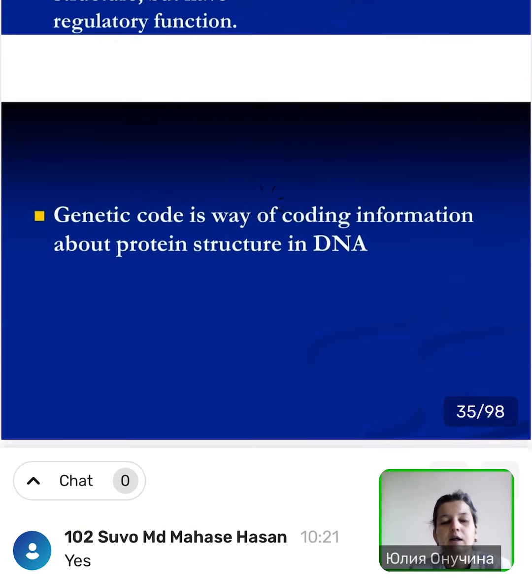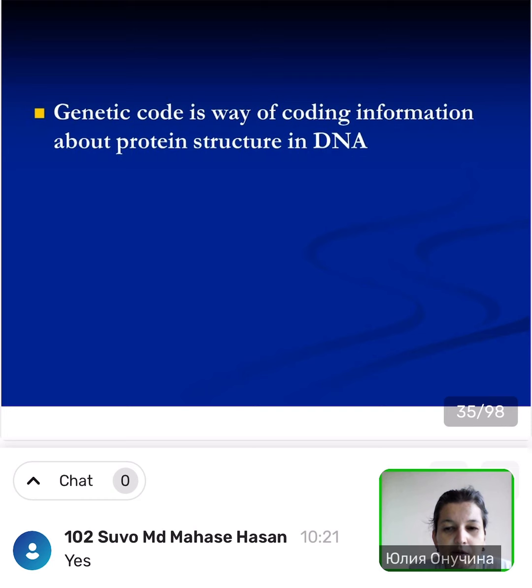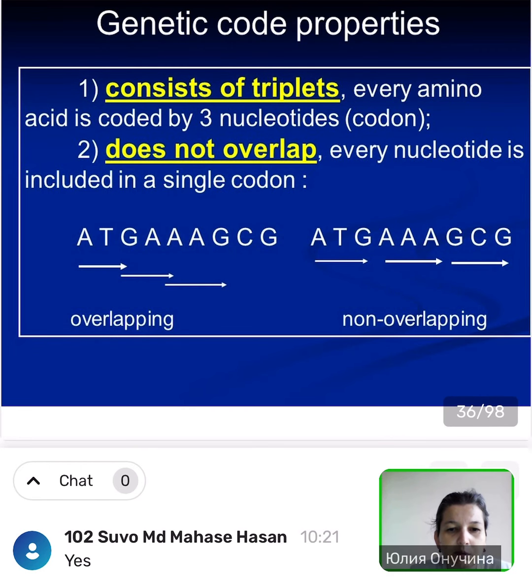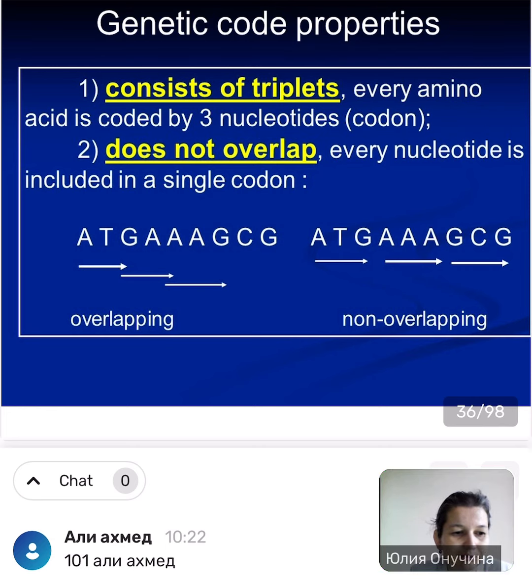So the genetic code is a way of coding information about protein structure in DNA. Now about the characteristics of the genetic code. The first, every triplet may encode only one amino acid.